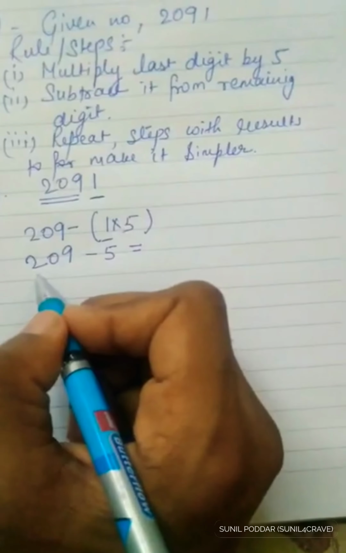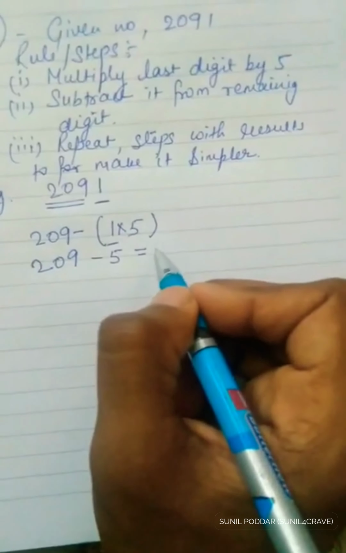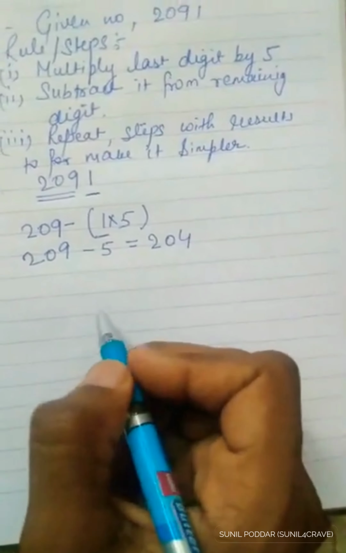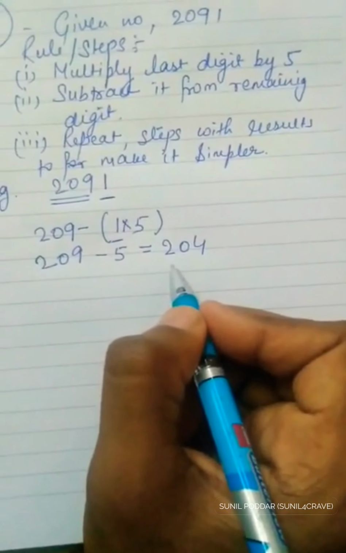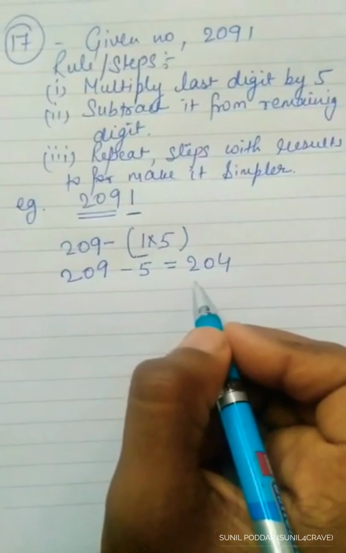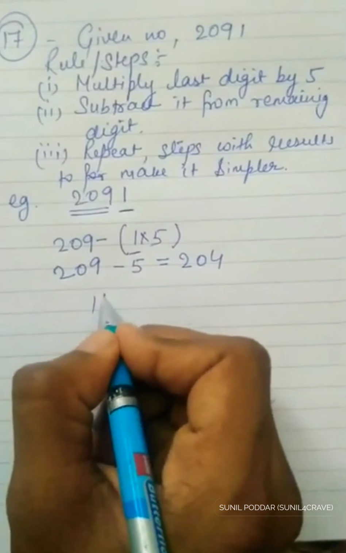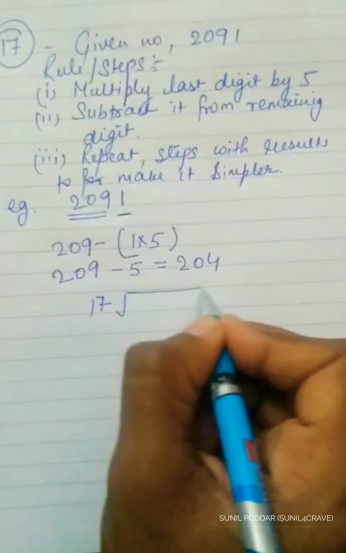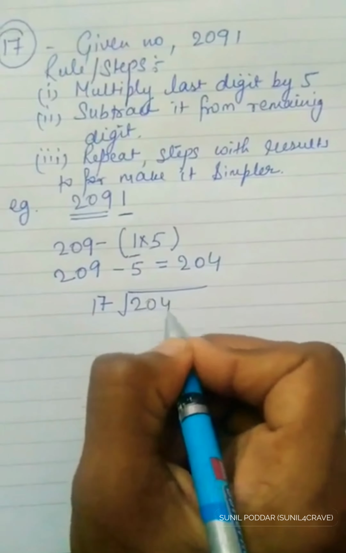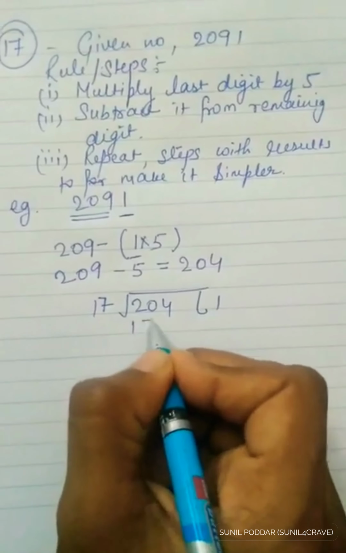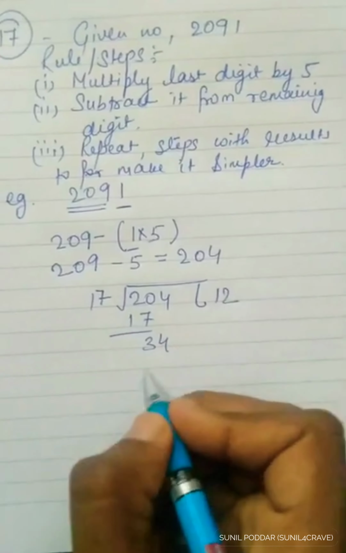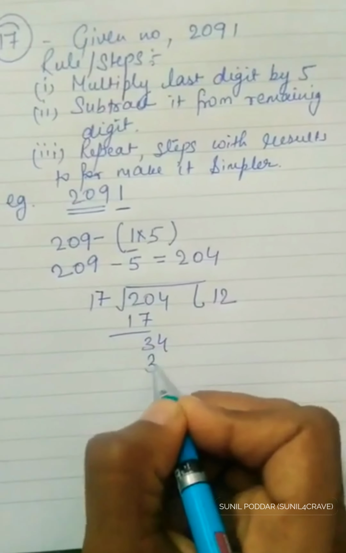After subtracting it from 5, the result will come out 204. So here we easily recognize that it is divisible by 17. 17 1 is 17, it goes by 2, 17 2 is 34.